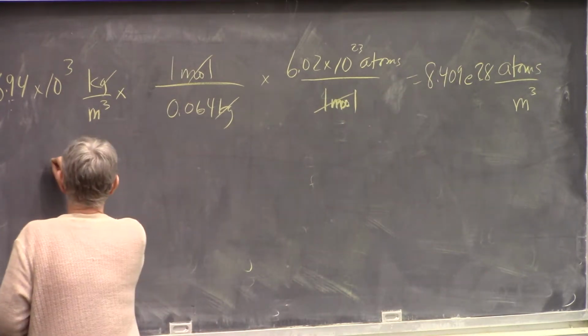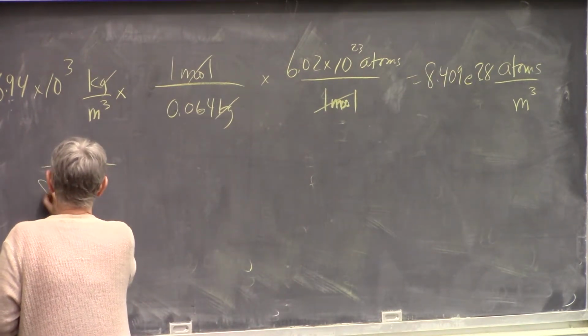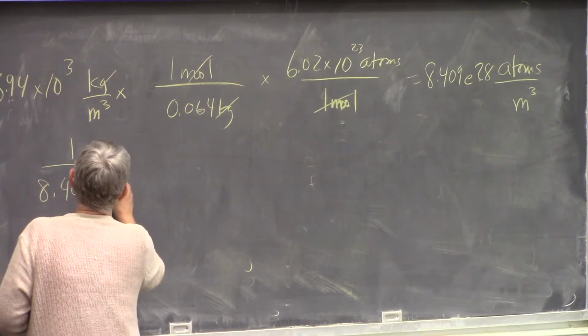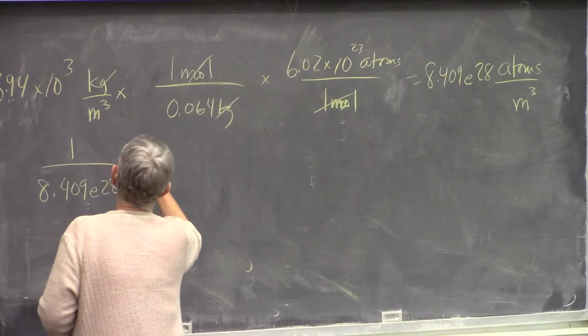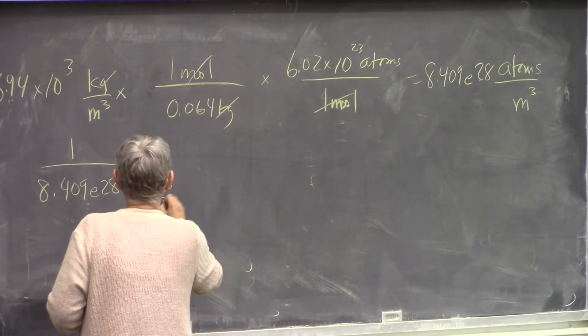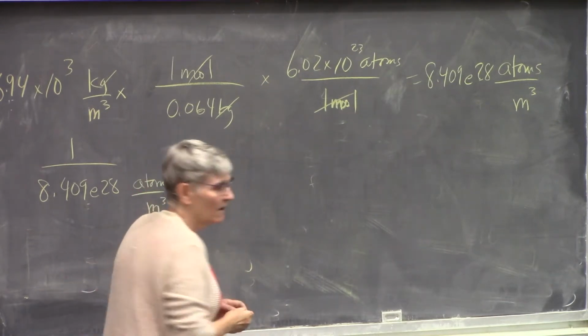So 1 over 8.409 times 10 to the 28 atoms per cubic meter should give us cubic meters per atom.